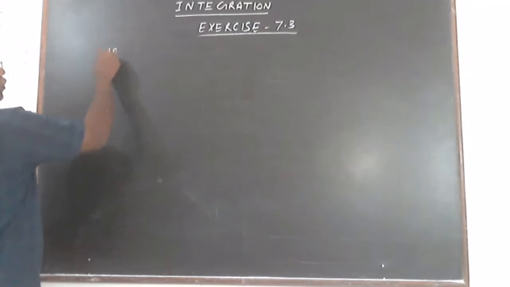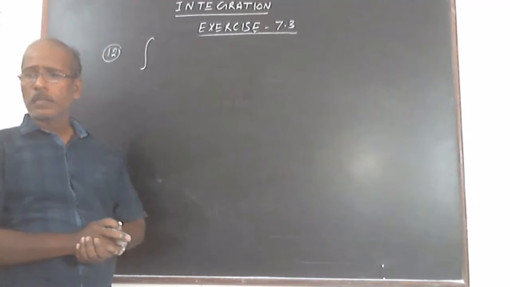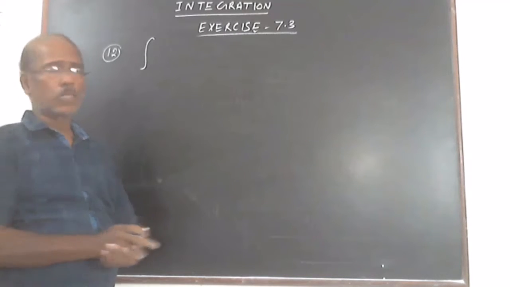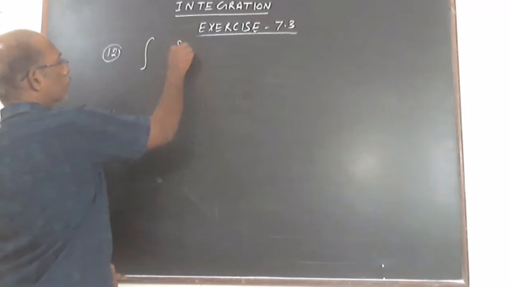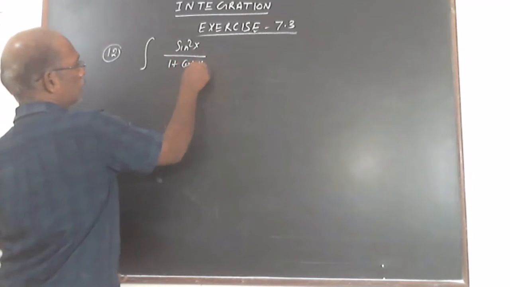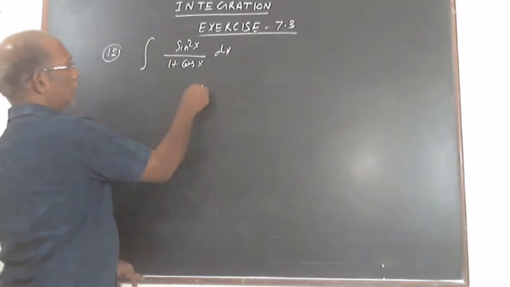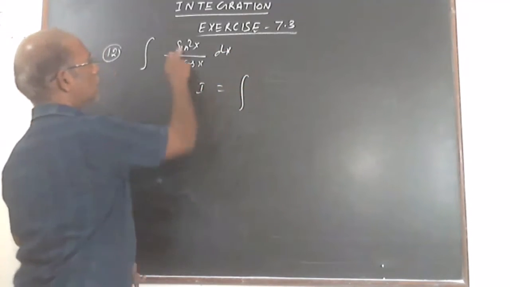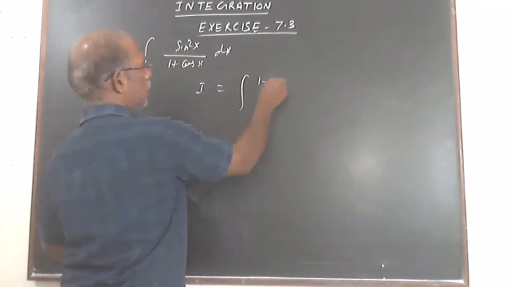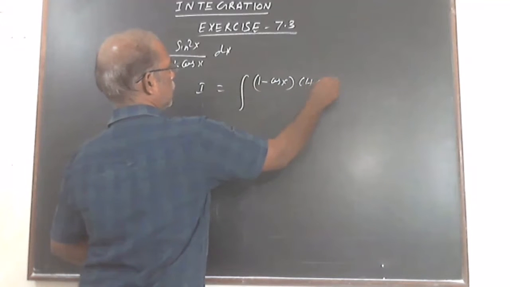Question number 12: integrate sin square x divided by 1 plus cos x. I equals integral of sin square x, which is (1 minus cos x) into (1 plus cos x), correct?